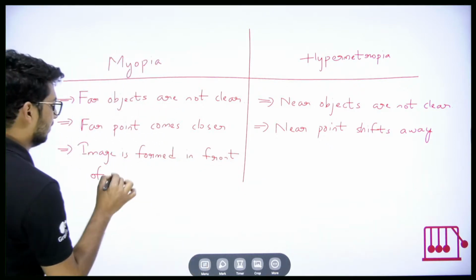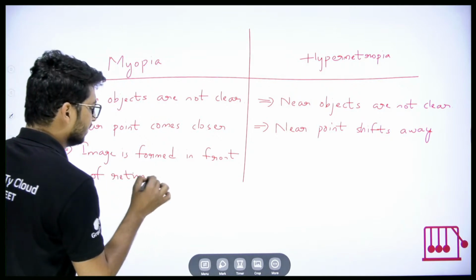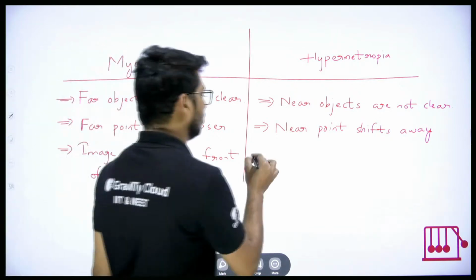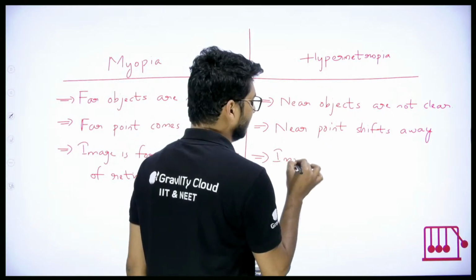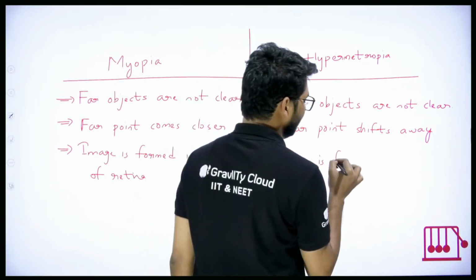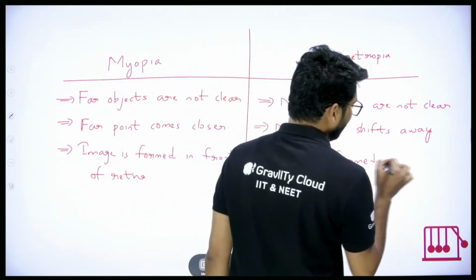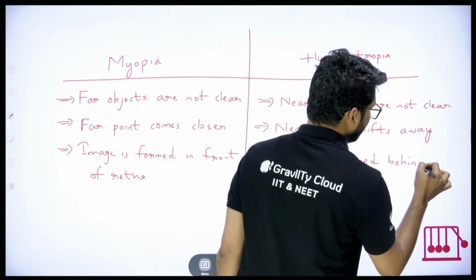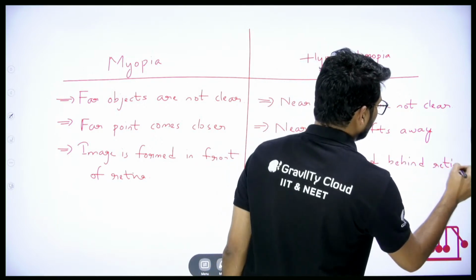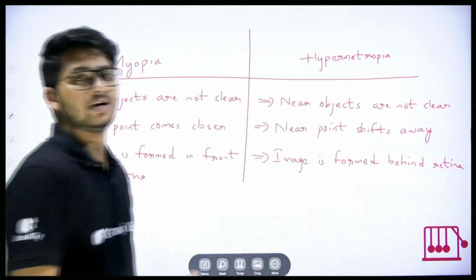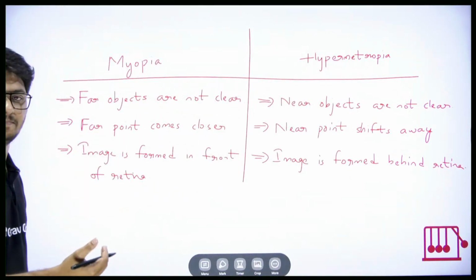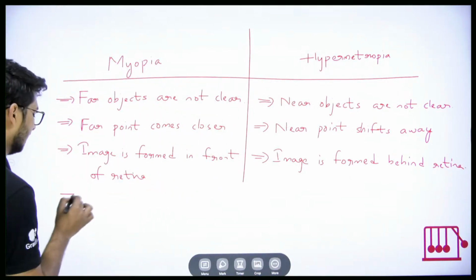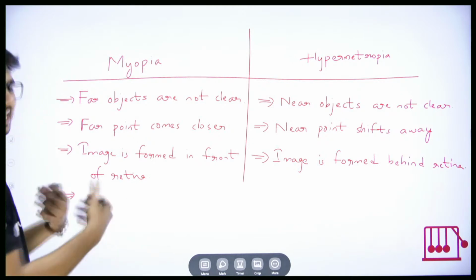Very important but basic points again. Whereas in the case of hypermetropia, the image is formed behind the retina. All of you should be able to remember these points accurately. Another point is the corrective lens.